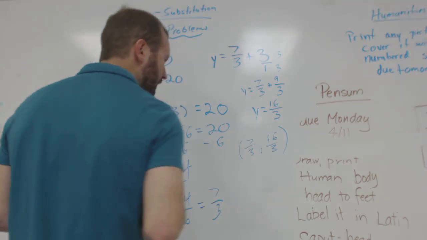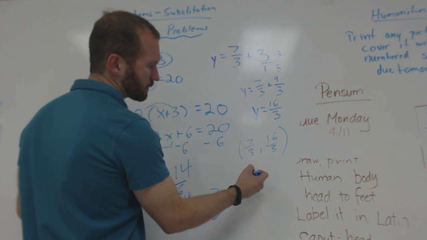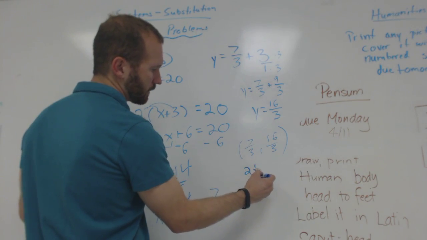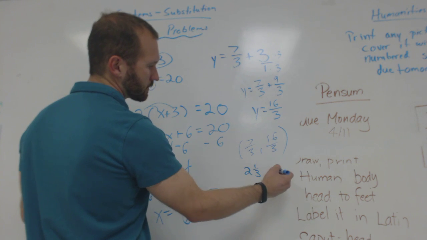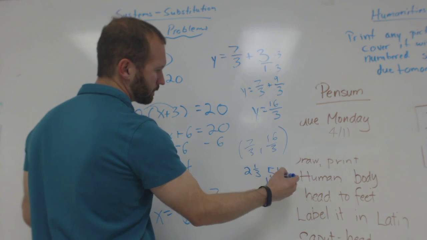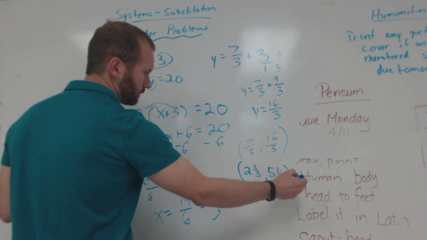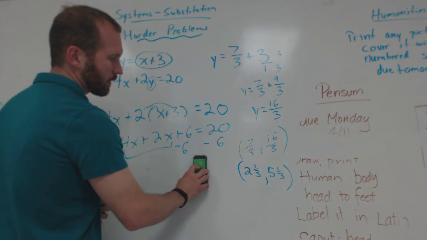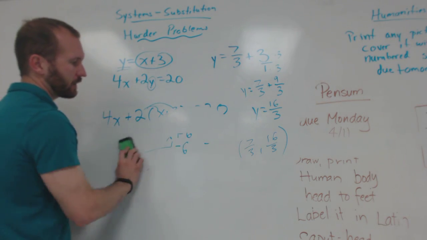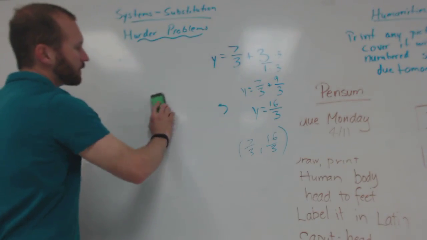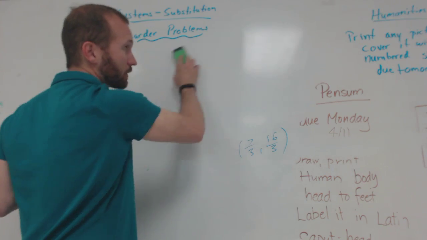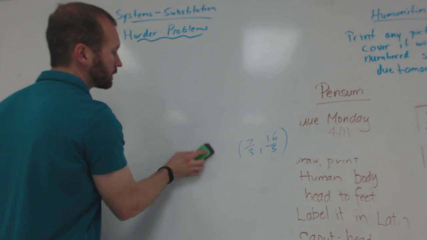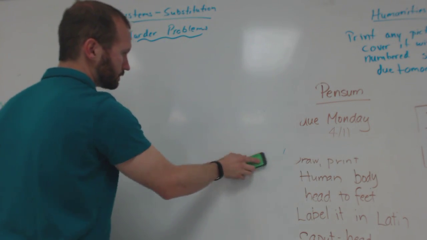I could turn these into mixed numbers, though. 7 thirds would be 2 and 1 third. 16 thirds would be 5 and 1 third. Same thing. Typically in algebra we won't do that. I'll just leave it like that. But if you had to graph this, it might be useful to turn it into mixed numbers.